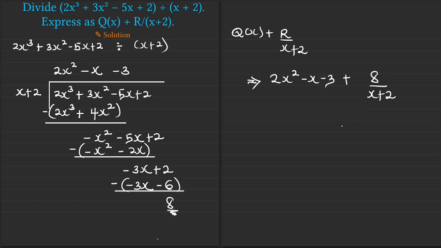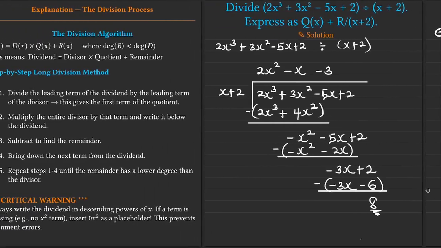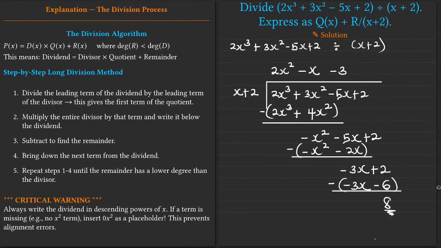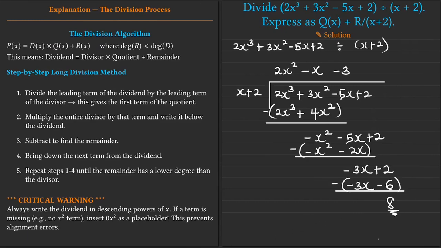So once again, the steps involved in dividing are very simple, and repetitive. Just be able to identify your first step. It says divide the leading term. We are always dividing the leading term by the leading term in the divisor.